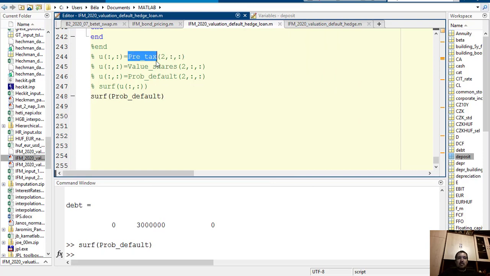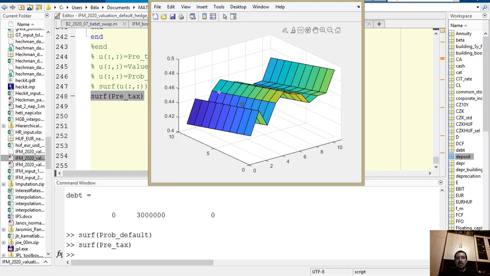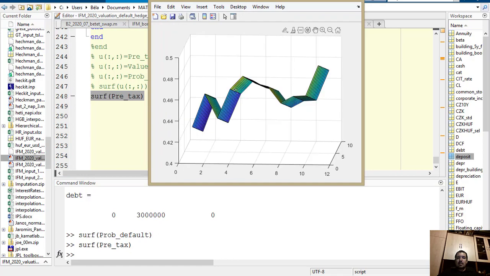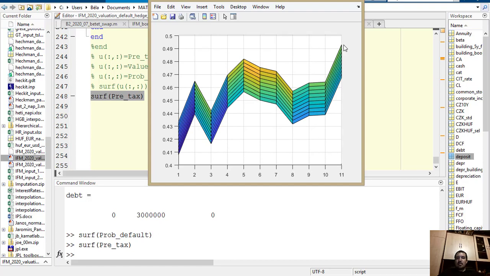And what is happening with pre-tax profit? Okay, pre-tax profit would go down drastically. So we can say that it's decreasing to 47,49.